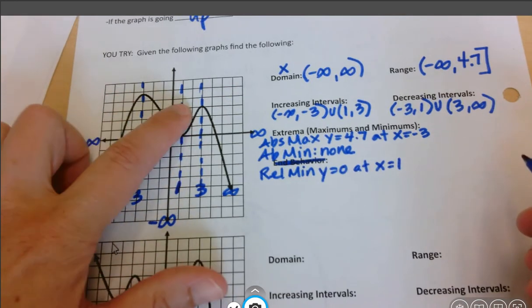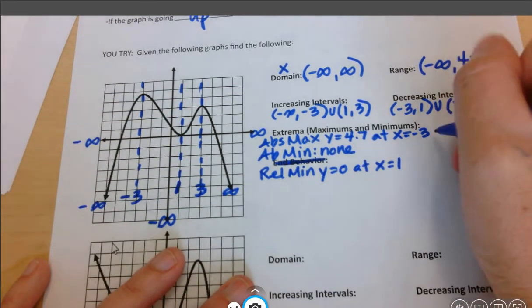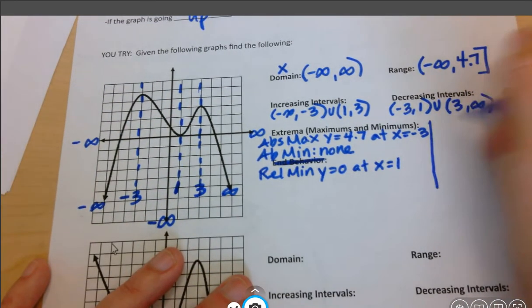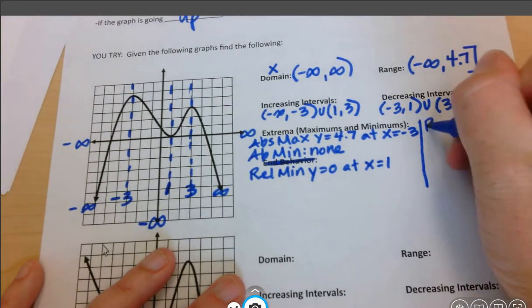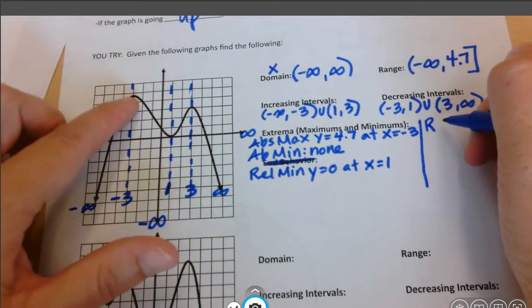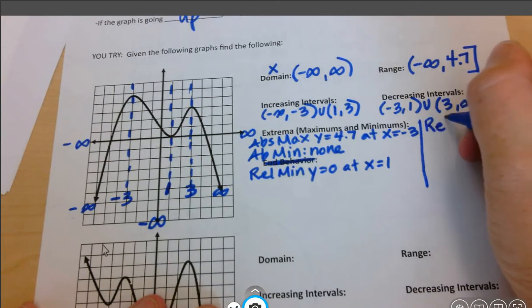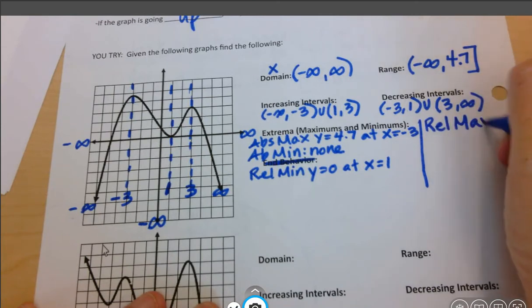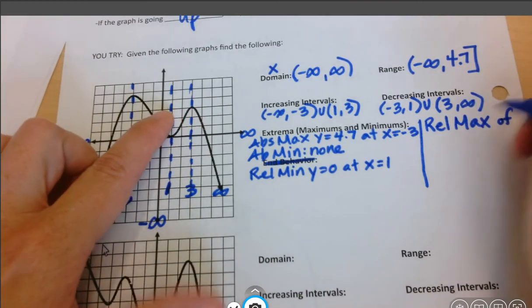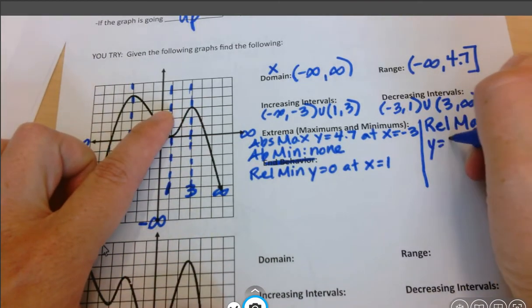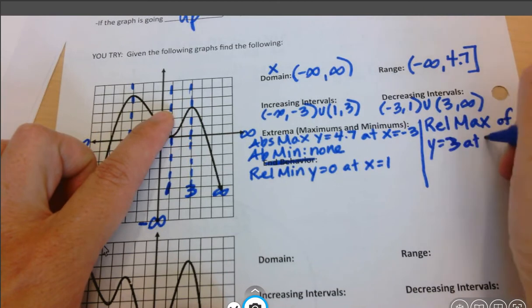And we have relative maxes. I'm going to try to fit them in over here because I don't want to use up all my space. So I have relative max. Oh no, I just have one, right? Because that was the absolute. What's the y value of that point? I think it's 3. y equals 3 at x equals 3.